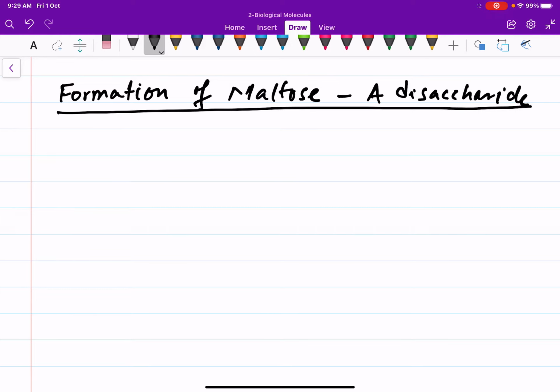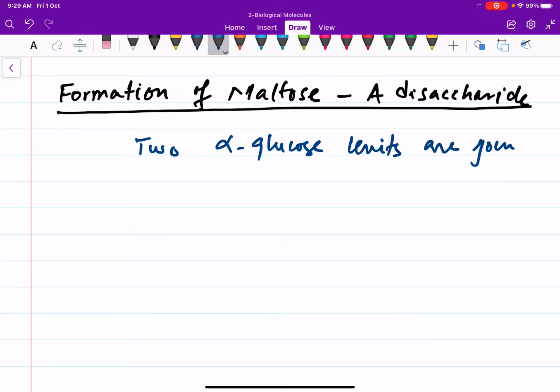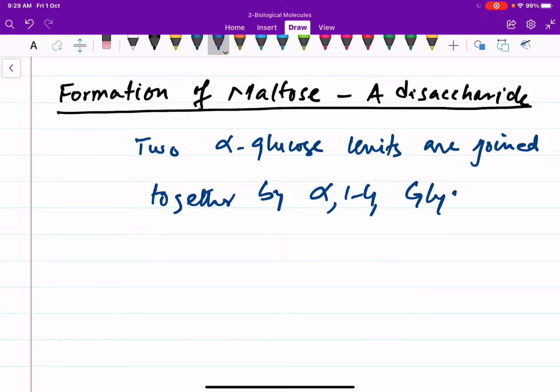Maltose is a disaccharide of two alpha glucose units joined together by alpha 1,4 glycosidic linkage in a maltose molecule.